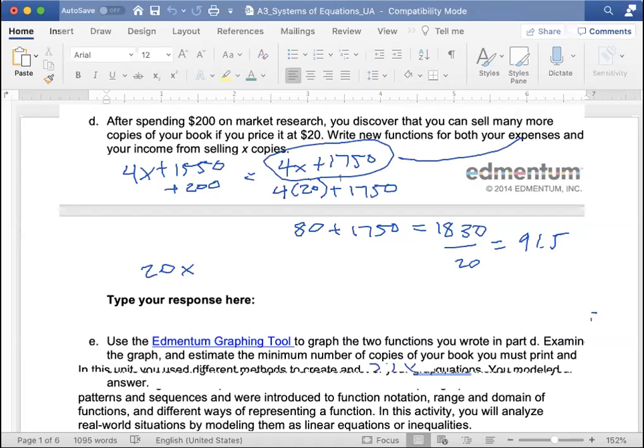And I would say that you would have to subtract the cost. This is your income. Okay.